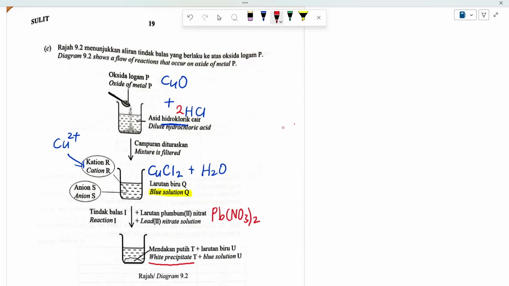Lead 2 chloride. So this one will precipitate, right? Lead 2 chloride. And the other one is the blue solution, so copper 2 nitrate. So copper 2 chloride reacts with lead 2 nitrate.